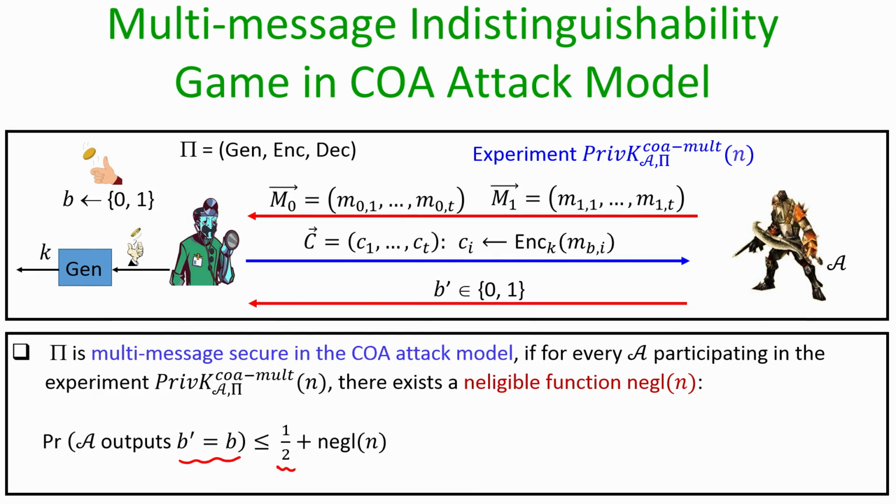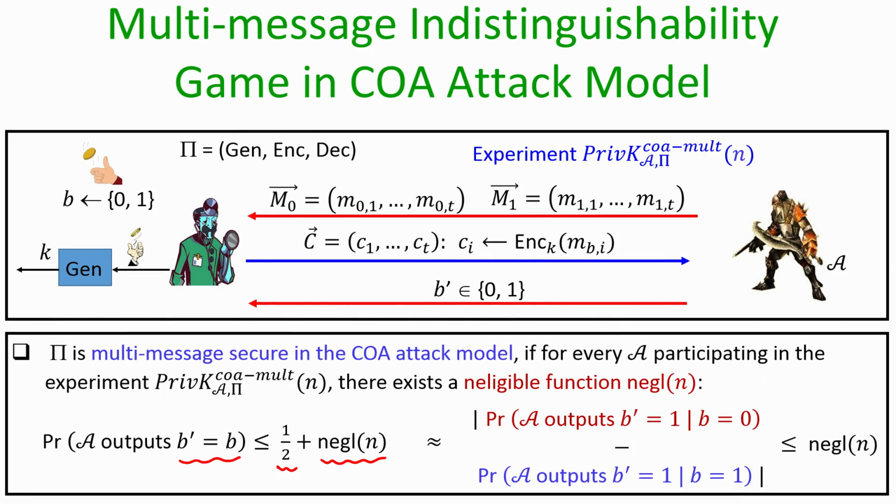Again, why 1/2? Because there is always a guessing adversary who can just guess which vector has been encrypted, and the extra negligible function is to model the fact that we are in the computationally secure world. So we are willing to give the adversary a negligible additional chance that it can break our scheme.